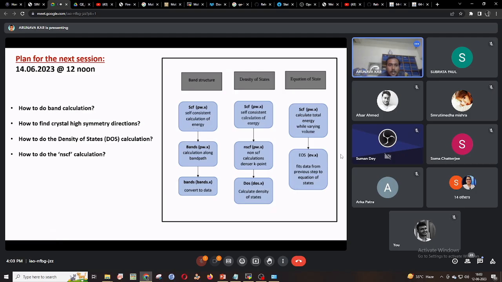We will try to find the high symmetry directions of a system. We will do density of state calculation. We will do NSCF calculations to find the band structure and density of states of the system. And in exercise 1, you will find how to do the equation of state. It is nothing but the equilibrium lattice constant calculation of a system. So we'll do these things in the next session.